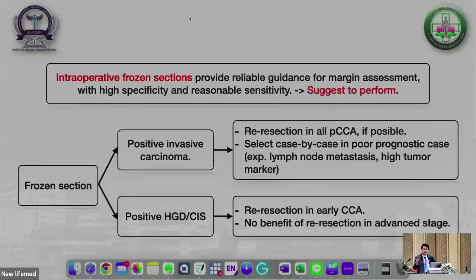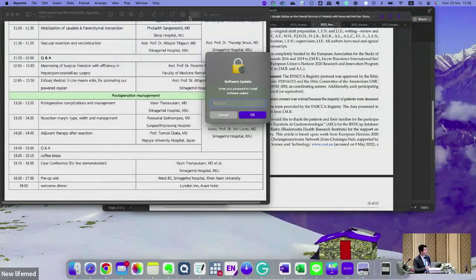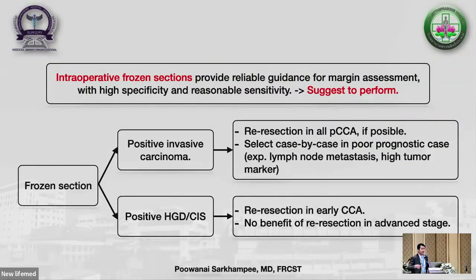For frozen sections, sorry. I think it's a benefit and it's reasonable to perform frozen section if you can, because it can guide you in further surgery. However, you must select case by case.